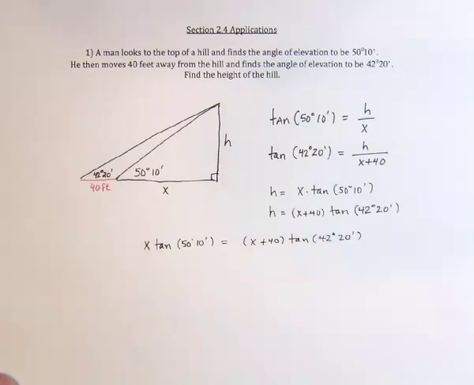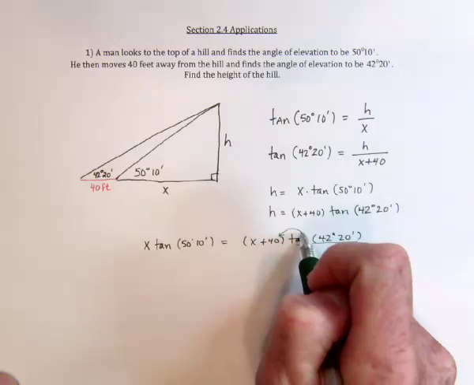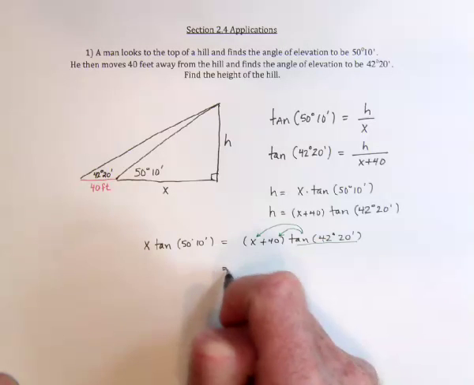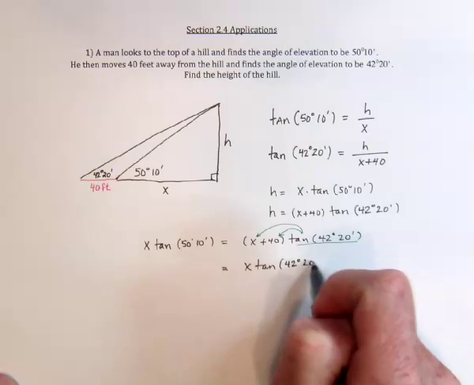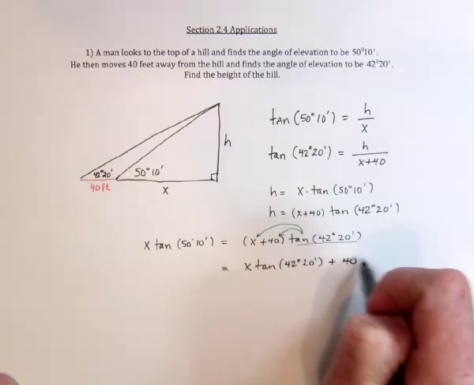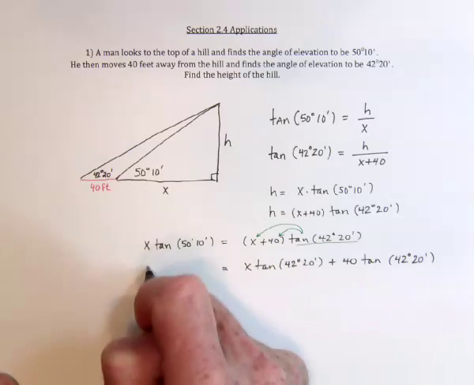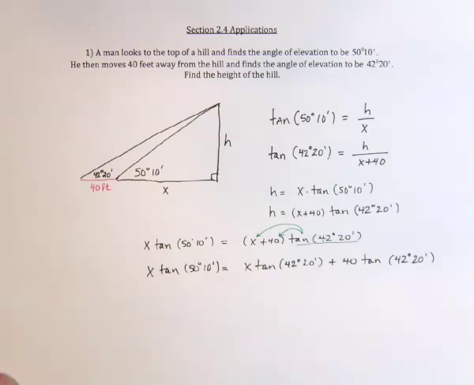And now we need to do some algebra, like this tangent we need to distribute and multiply it with the 40, also multiply it with the x. So we'll have x tangent of the 42 plus 40 tangent of the 42. And now I've got x here and x here.